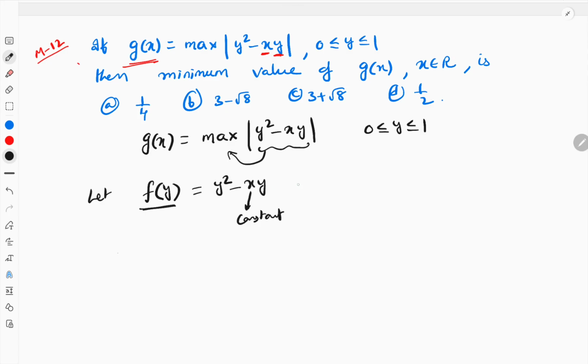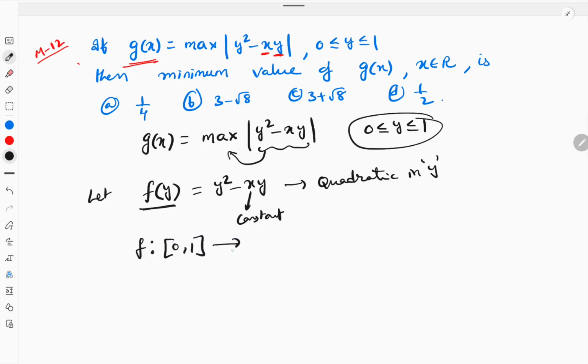Now it is a quadratic in y. Since it is a quadratic in y, and the domain of f is also fixed, predefined, that is the closed interval 0 comma 1. Then let us talk about the range of f of y first. Now what would be the minimum or maximum values, whatever possible exists.